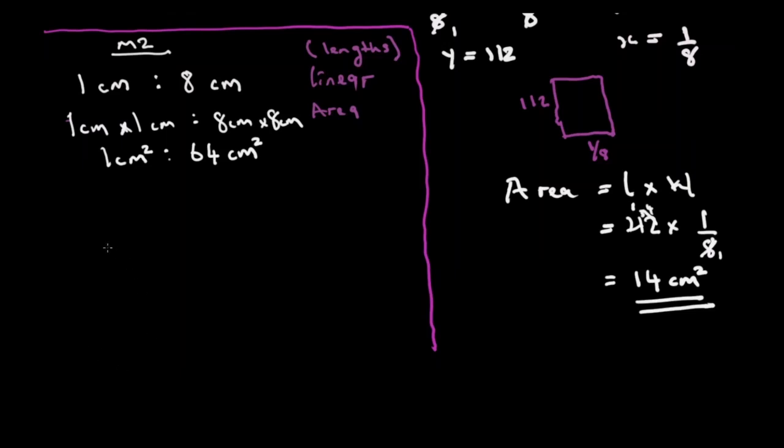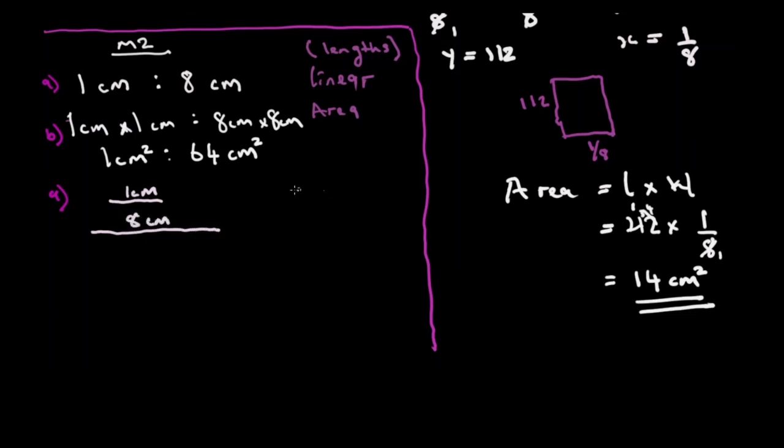So illustrating this, let me call this A and B. A is representing lengths. It's telling us that 1 centimeter on the map is representing 8 centimeters on the actual ground.